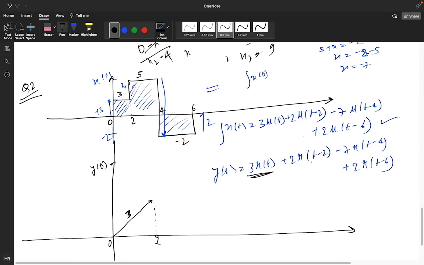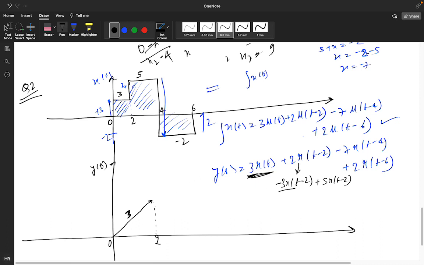You are getting 2 r of t minus 2. You have to write it like this: minus 3 r of t minus 2 plus 5 r of t minus 2. The same number you have to represent in a negative way. Then how will you get 2 r of t? By adding 5, which means one slope will be added here.